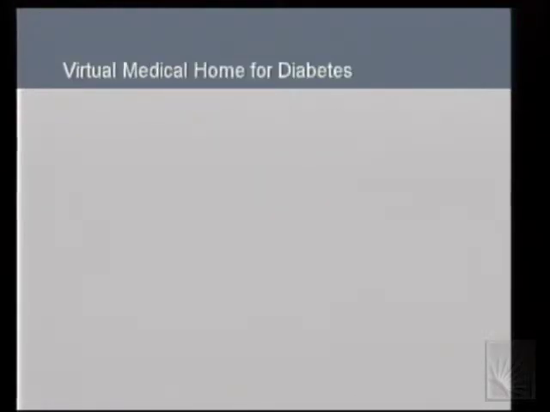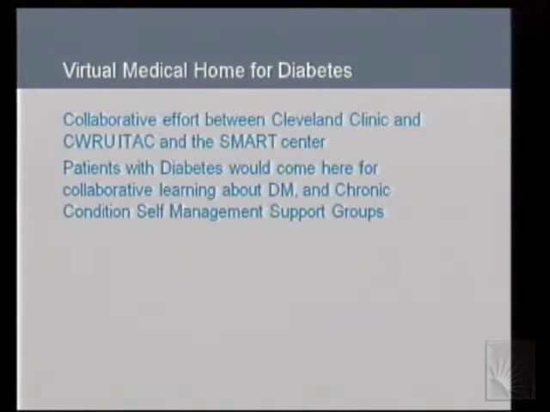So the virtual medical home, what we're looking at is patients with diabetes who would be enrolled in a study where they would get access to a Second Life virtual home. At this home, there would be other patients with a similar condition, which is diabetes. We have diabetes educators. We have chronic disease management experts who help with motivational interviewing. And we have educational psychologists.